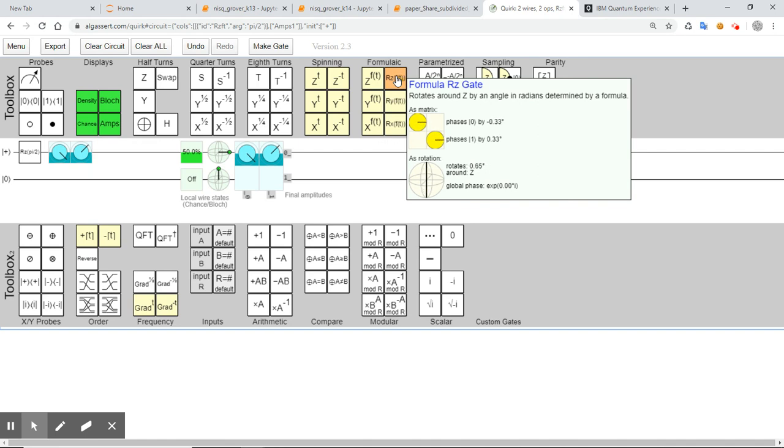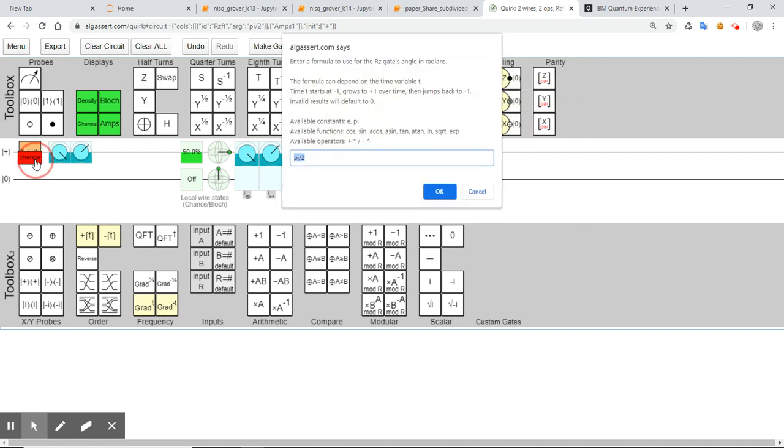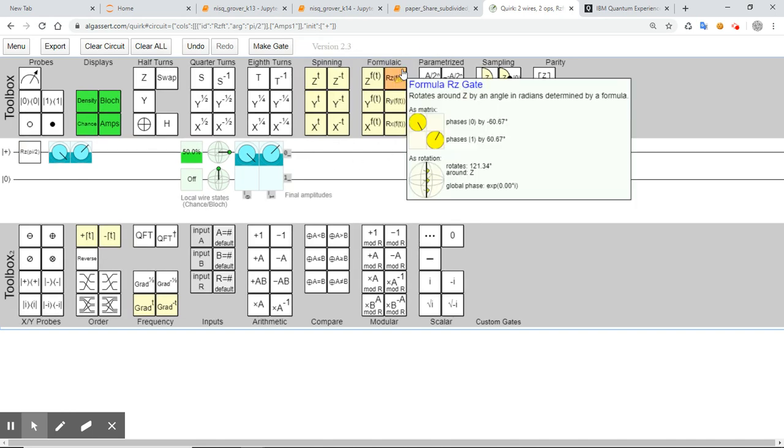Because this seems it's adding, it keeps a constant relative phase of 90 degrees. No, that's not true either. Is it? So here the relative phase is, no, okay, the relative phase increases up to 180 degrees.